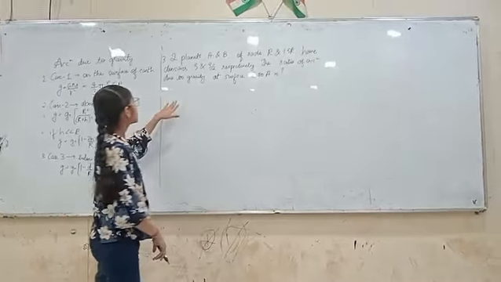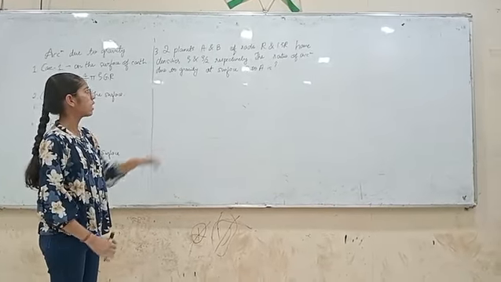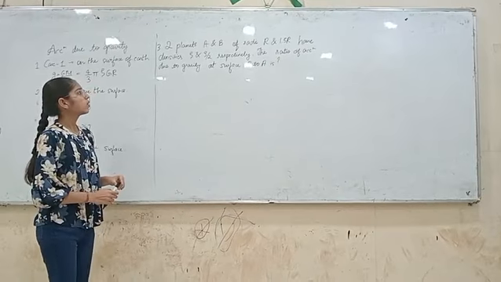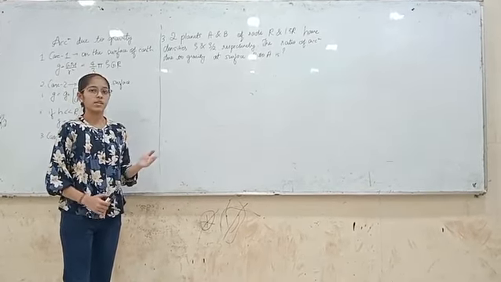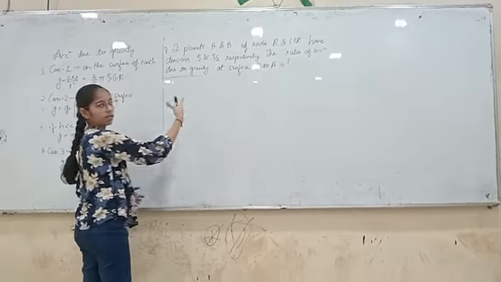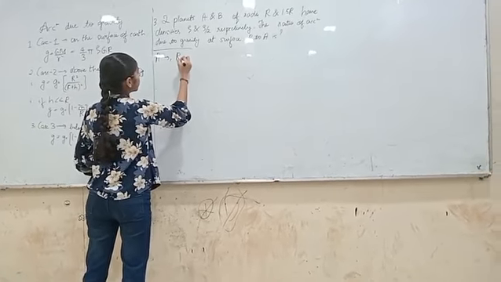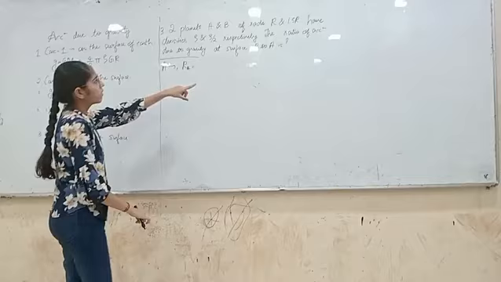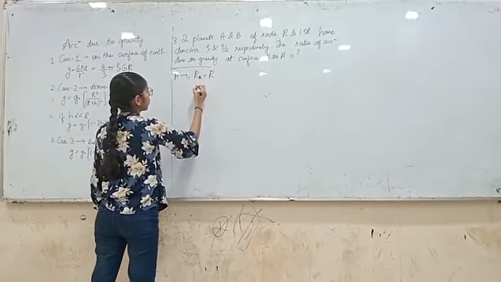So the third question is: two planets A and B of radius R and 1.5 R have densities rho and rho by 2 respectively. Here we need to find the ratio of the acceleration due to gravity. So there are two bodies A and B. For A, the radius is given as R and its density is rho.